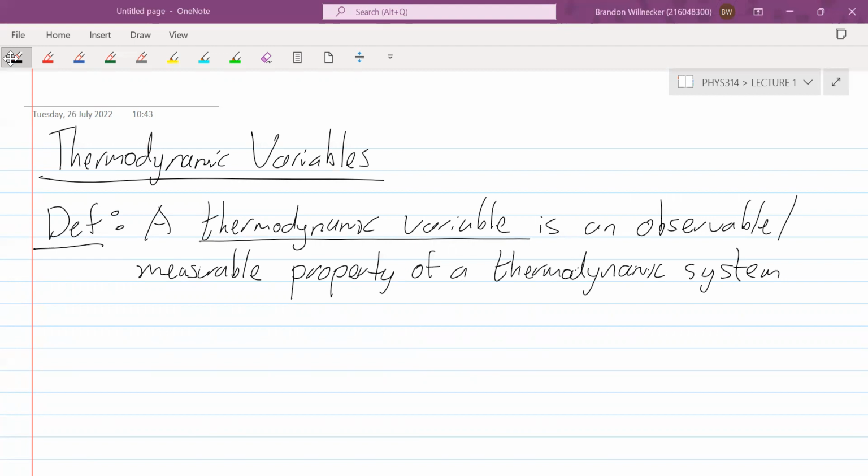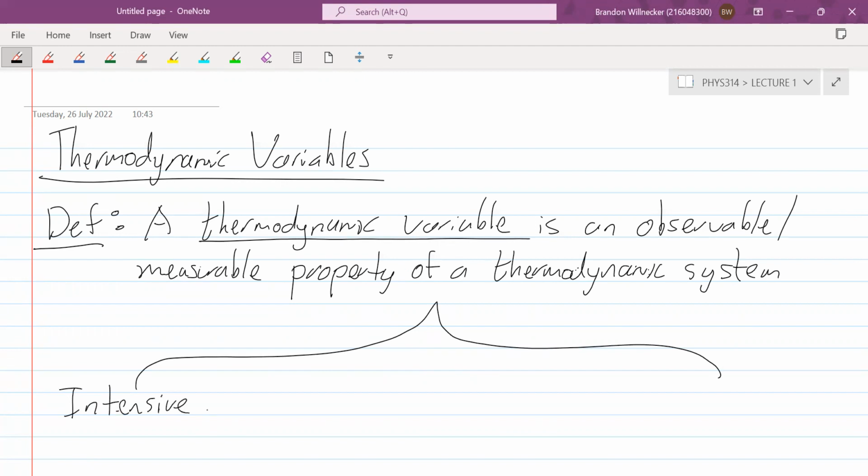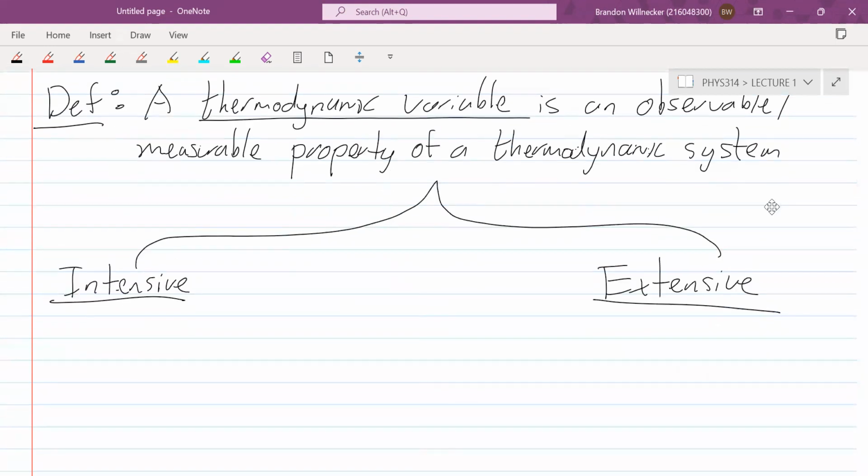We can break these thermodynamic variables up into two classes. We can have intensive, and we can have extensive. I'll just provide some examples of these.